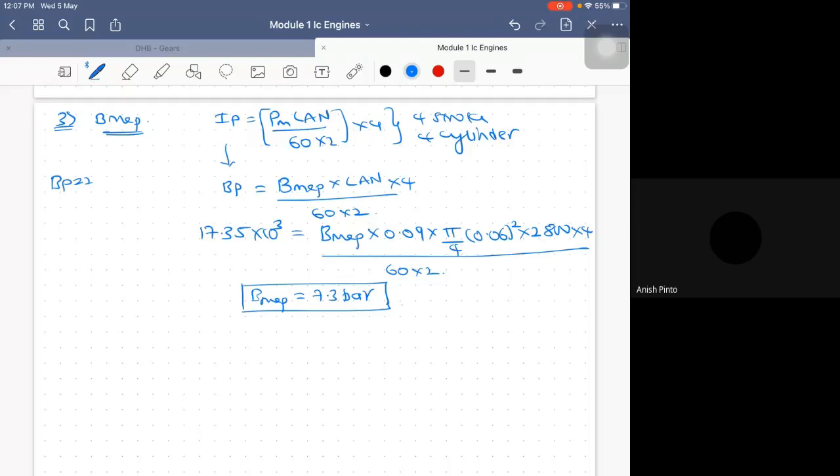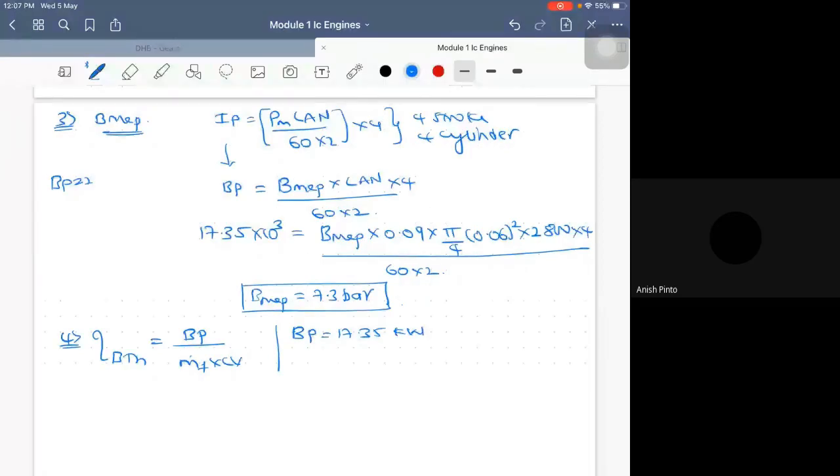Now, next what you have to find out is the brake thermal efficiency. For this, how do you calculate it? It is BP divided by MF dot cross CV. What is the value of BP that you have got? 17.35 kilowatt.